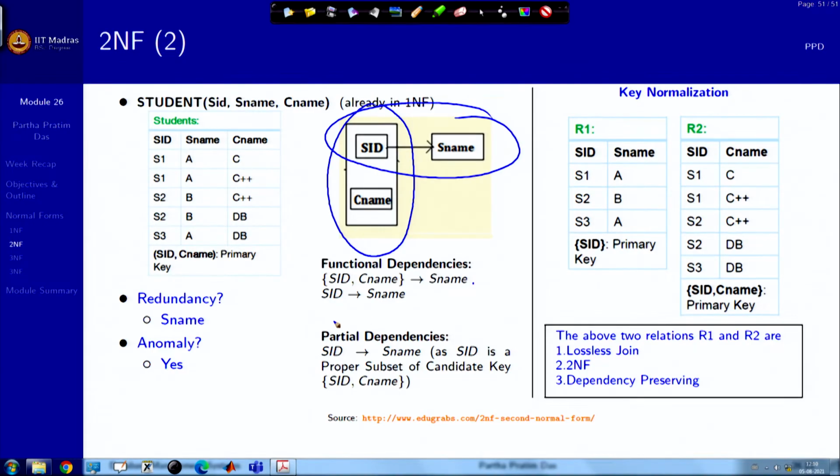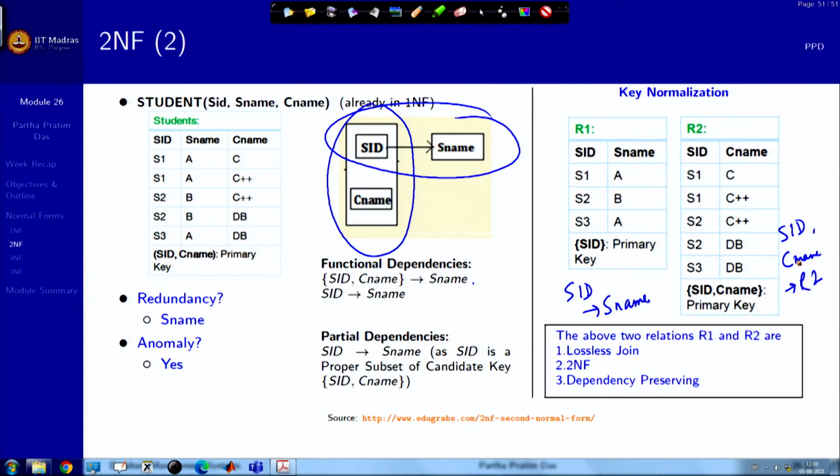And now the dependencies have become, this is SID determining S name, and this is SID, C name determining R2, that is both are required, right, a trivial dependency.